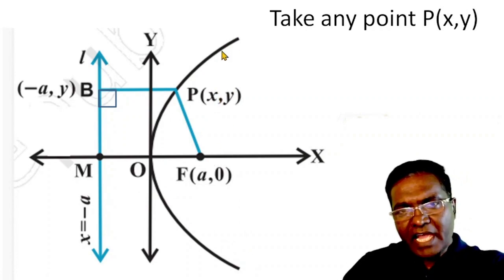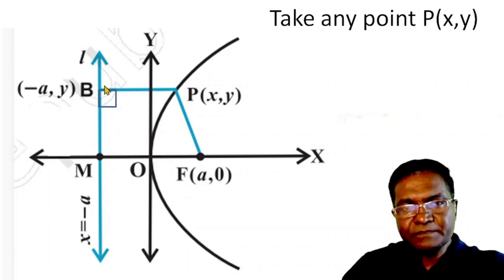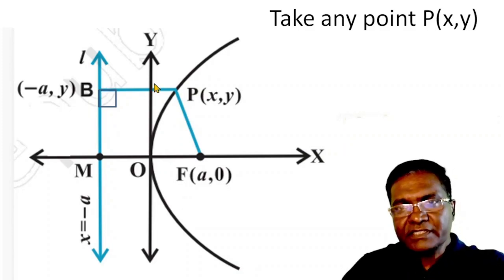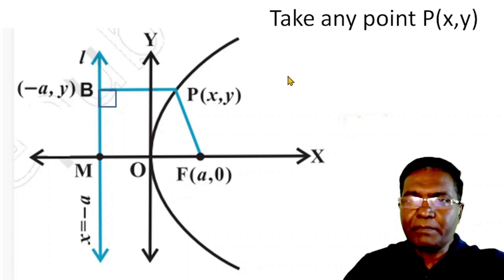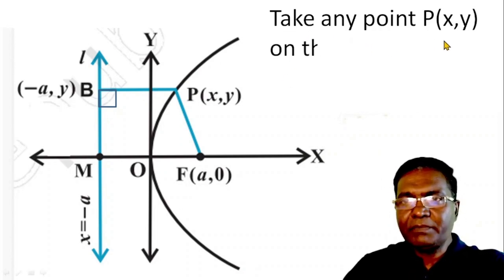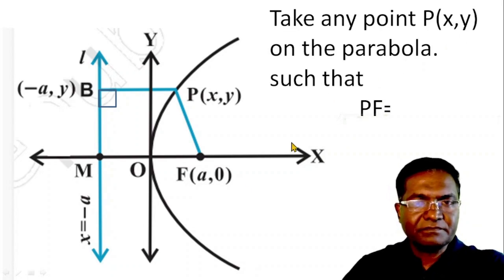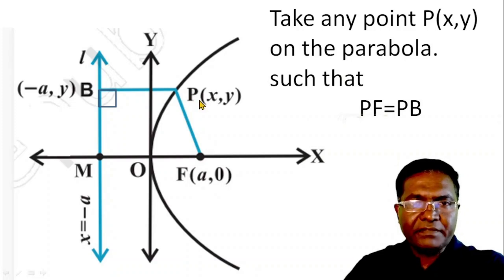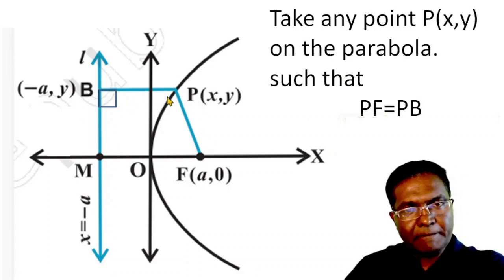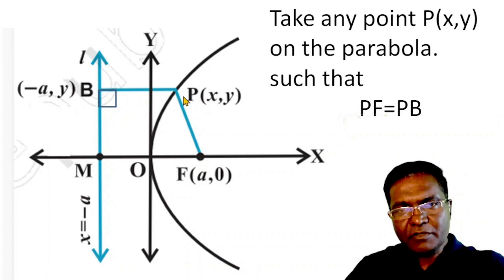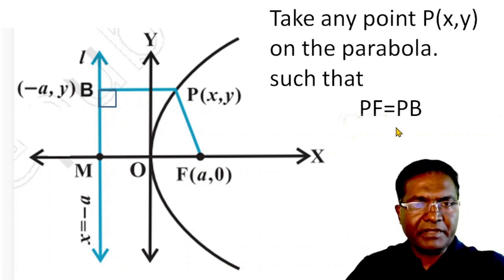Now, if we take any point on the parabola, the distance of the point P from F and from the directrix line is always the same by the definition of parabola. So take any point P x comma y on the parabola such that, by the definition of parabola, PF is equal to PB.